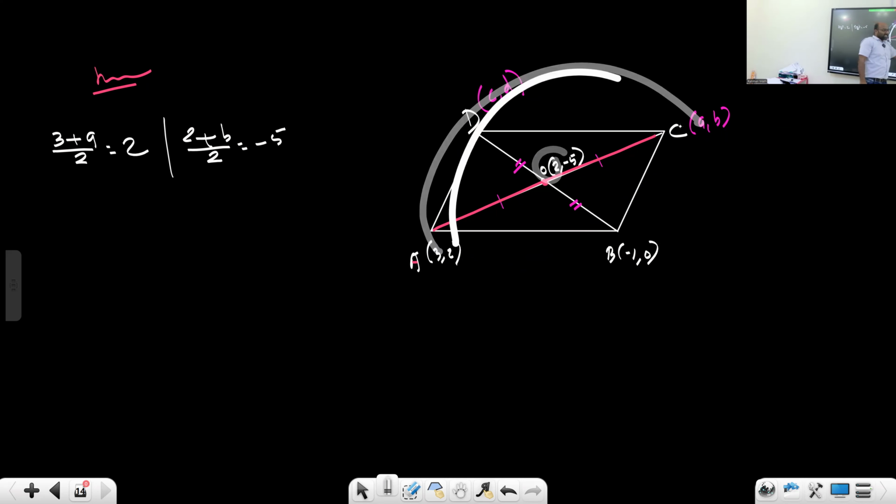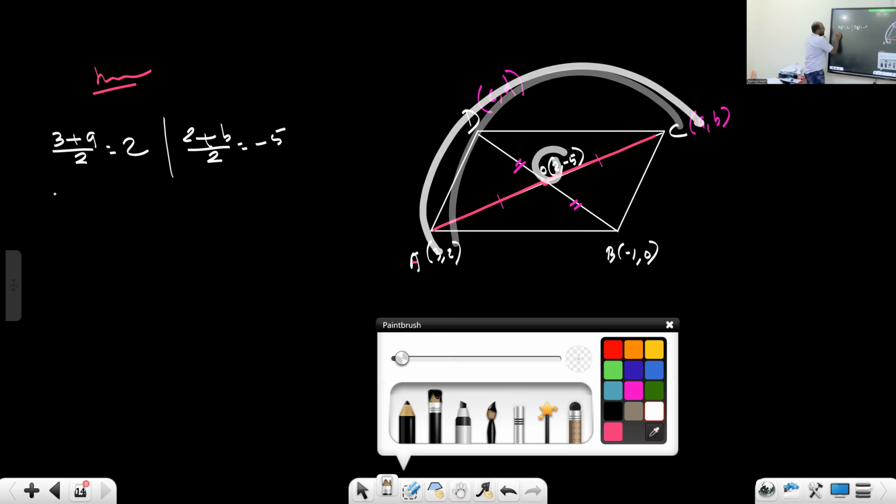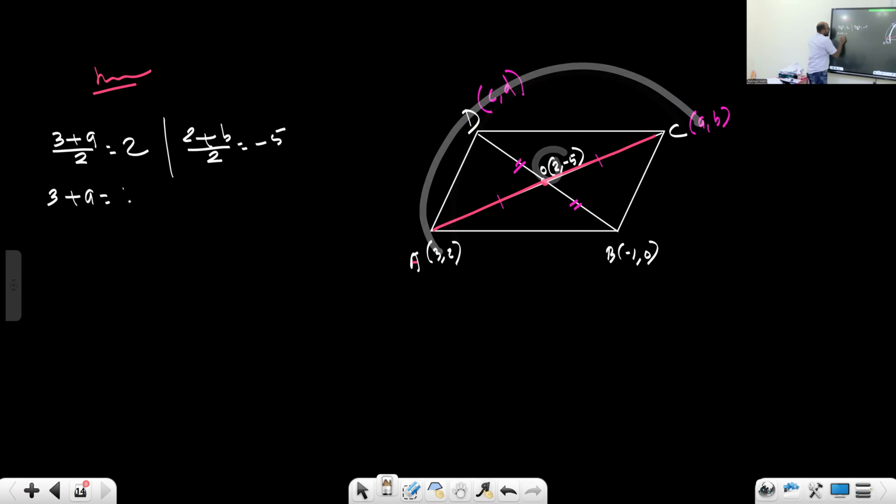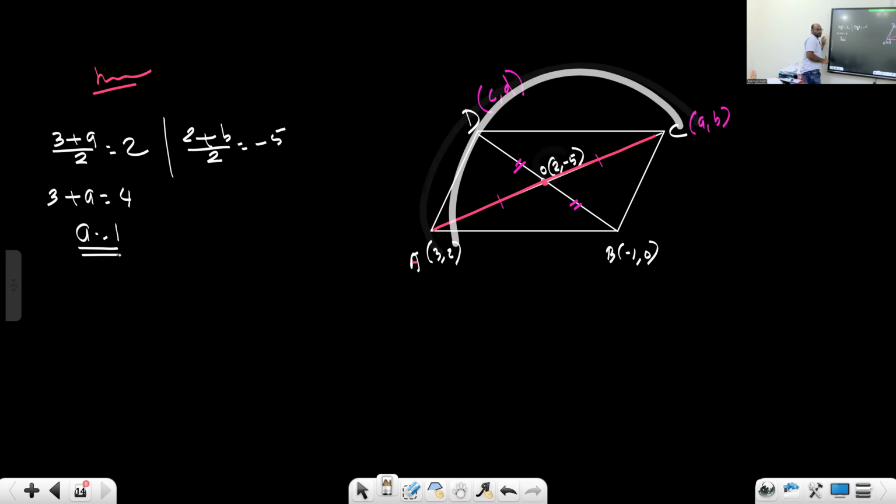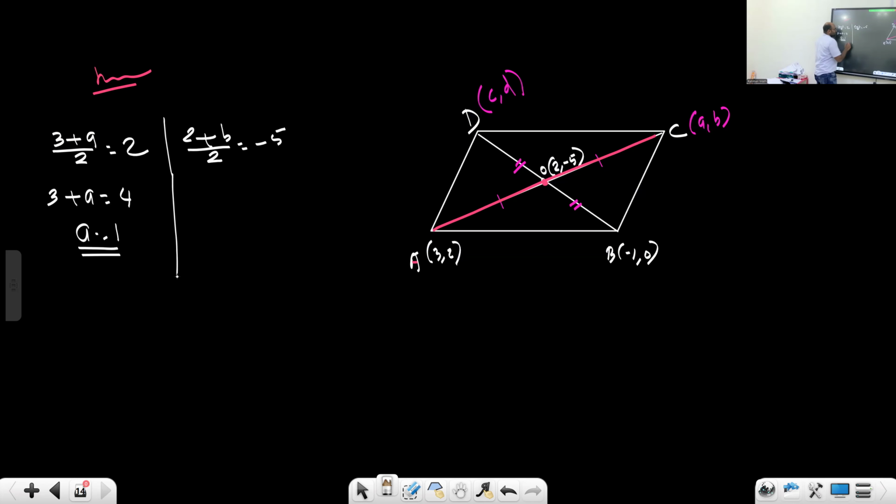Now simplify. 3 plus A equal to 4, A equal to 1. 2 plus B equal to -10, B equal to -12. So you got the C coordinate (1, -12).